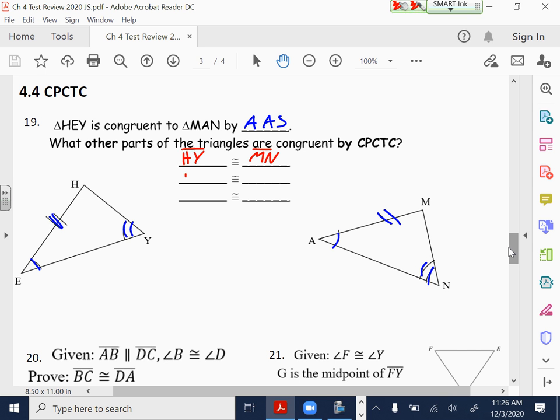We know that segment EY, I guess I should mark that, we know that EY is congruent to AN. And lastly, I know that angle H is congruent to angle M. And again, the reason is because if we know the triangles are congruent, which is what we did here, that means all the other corresponding parts have to be congruent as well.